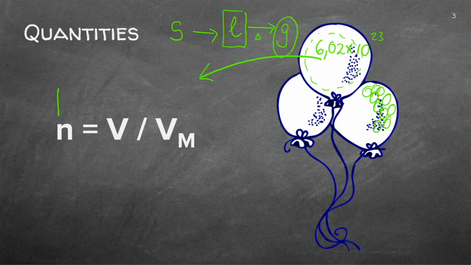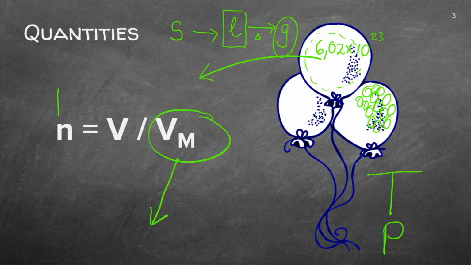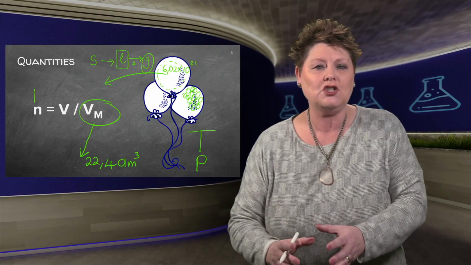And if that is at a specific temperature, guys, it has to be at a specific temperature and it has to be at a certain pressure, and we'll look at that just now. If that is the case, then the molar volume will always be 22.4 cubic decimeter.